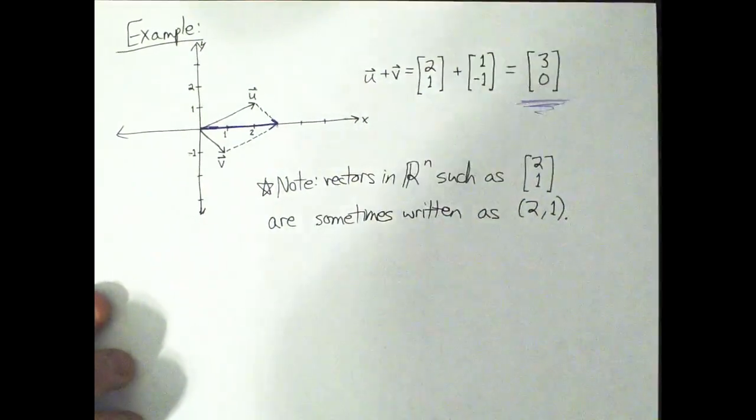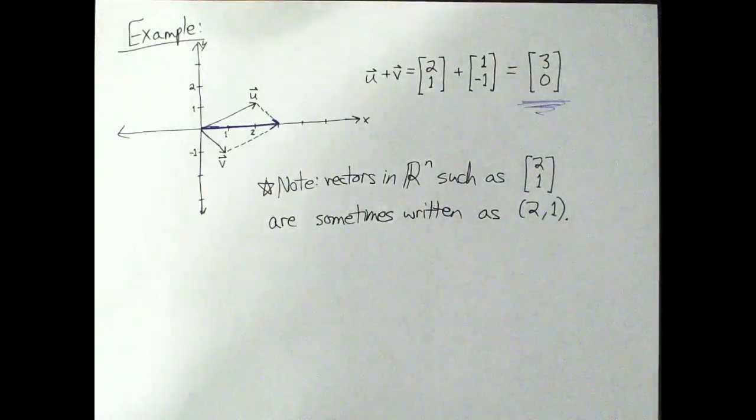And this is due to the one-to-one relationship between vectors and points. We might find it more convenient to work with them in one way or another, depending on context. All right, so just be aware of that.